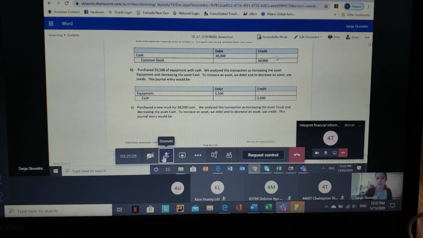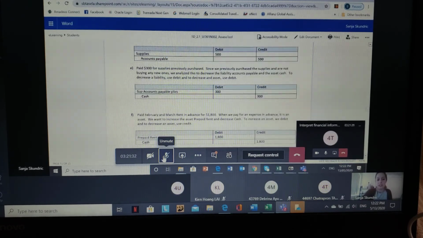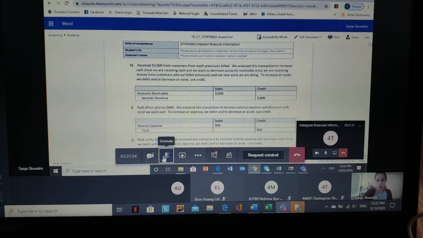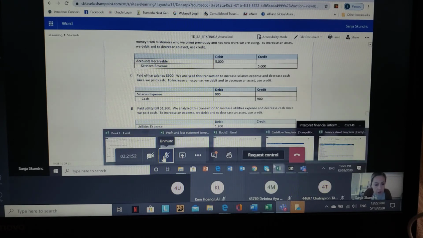All you have to do for these, so you've got A, B, C, I think you've got 6 or 7, all the way to J, is put these exact same ones into an Excel sheet. Now, if you want to set them out all on the one, I think I had examples on my Excel, so just one second.